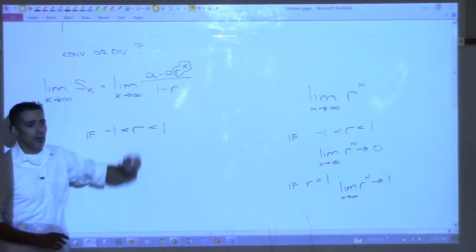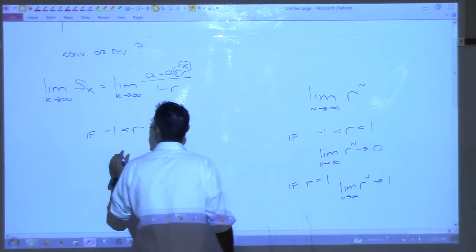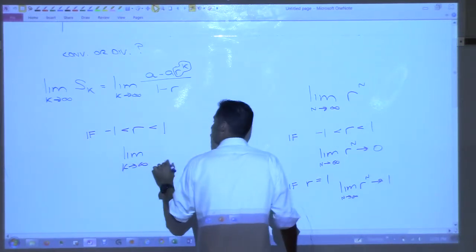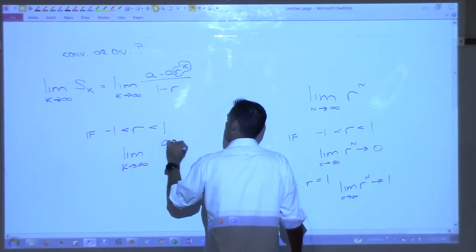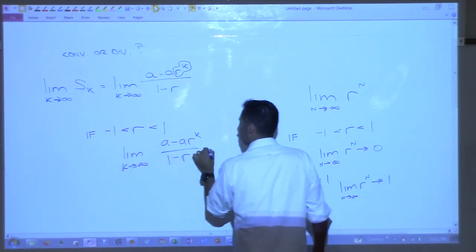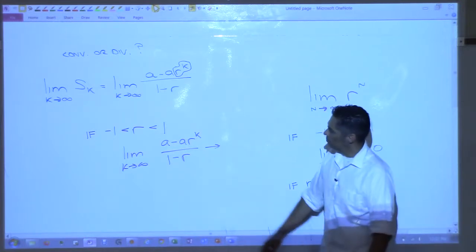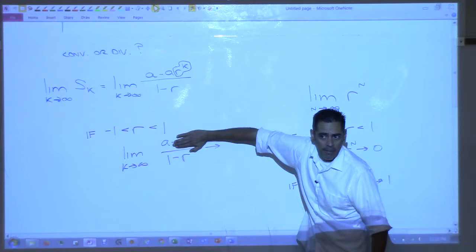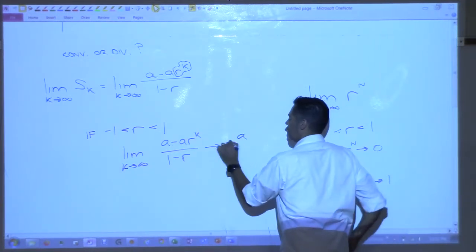So if r is between there, then the limit as k goes to infinity of a minus ar to the k over 1 minus r would go to what? Because that's going to go to 0, so that kills that whole thing off, and what are you left with? A over 1 minus r.